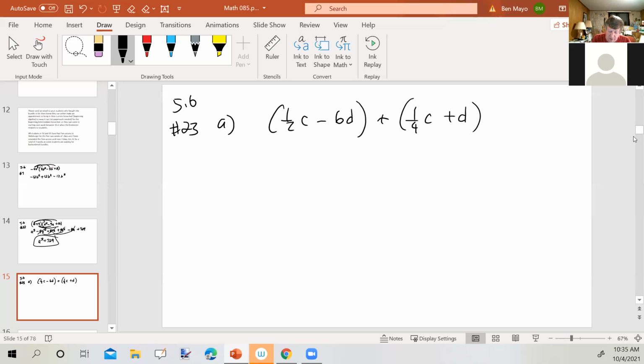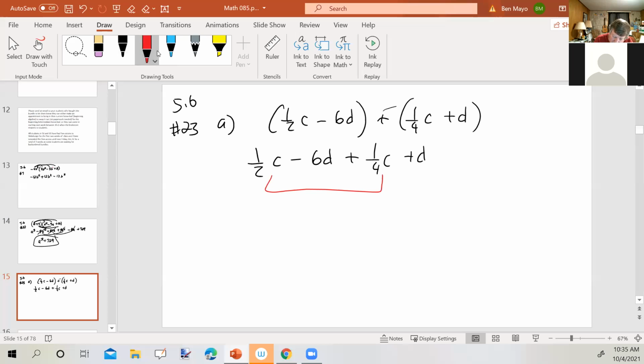We are not multiplying. So in front of the first set of parentheses, there's nothing. So I can just bring down the contents without the parentheses, and then having a plus sign in front, distributing that, you get plus 1/4 C plus D. Okay, so now we're going to combine like terms. Those two are like terms, and those two are like terms.